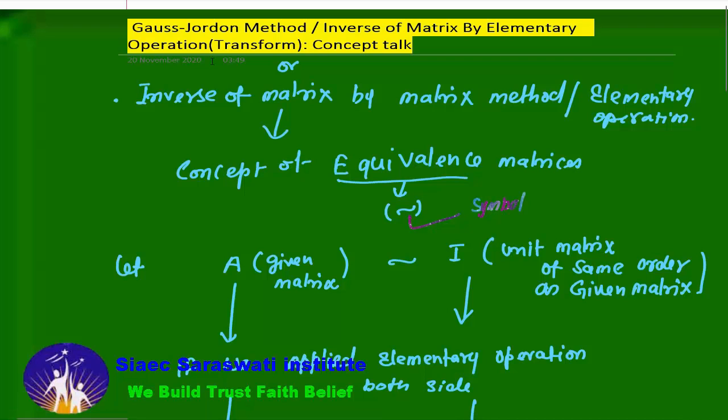Okay. So as you know, A is basically the given matrix, and equivalence to A, I is the matrix of same order. So this is the unit matrix.